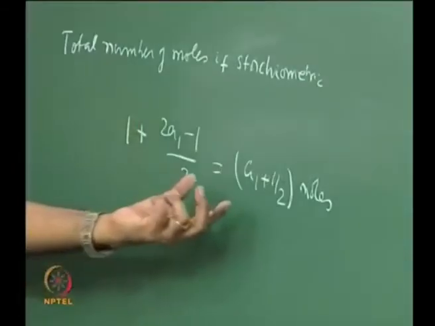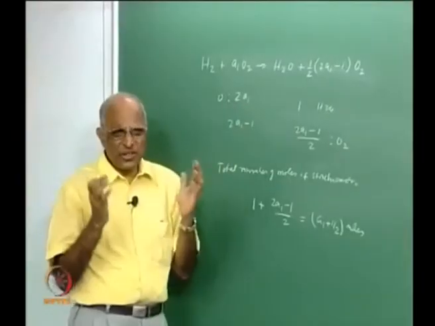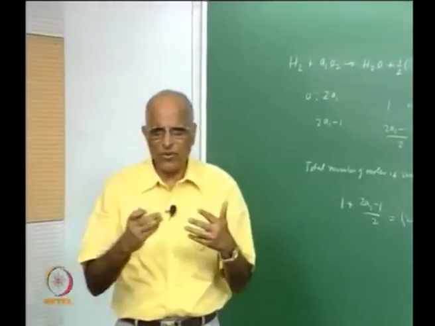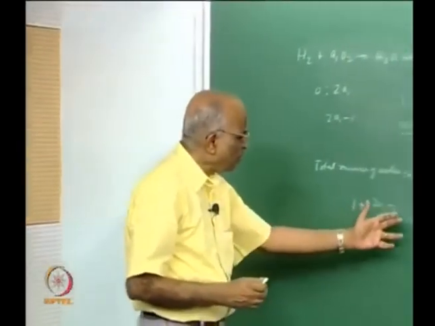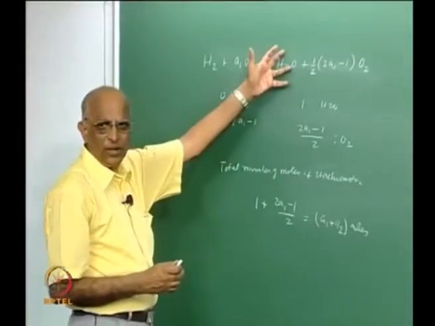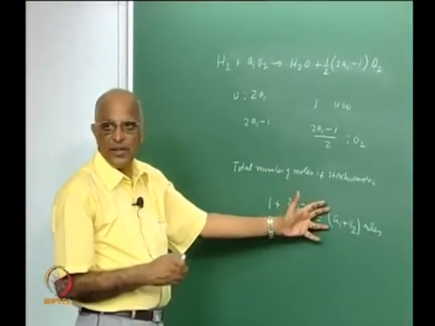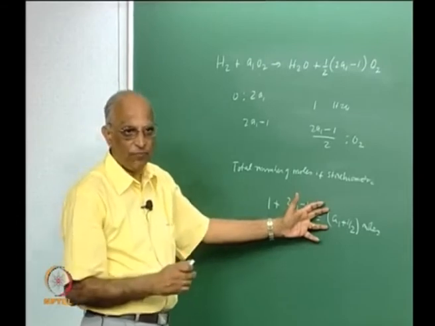Mind you, this assumes stoichiometric, but generally, if you do a number of problems, the number of moles are not very much different, but then we will go back and correct it as we go along, as I will show you.